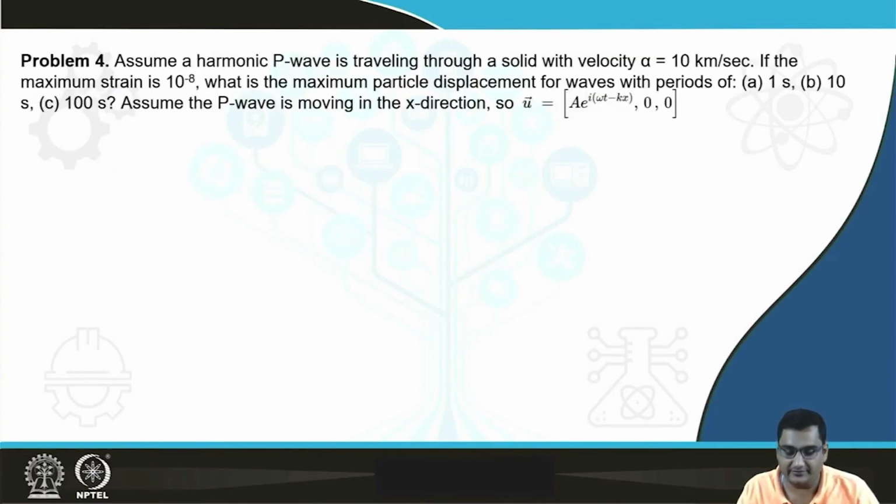Now let's solve the last question. Here in the last question it is said to assume a harmonic P wave is traveling through a solid with velocity alpha equal to 10 km per second. If the maximum strain is 10 to the power minus 8, what is the maximum particle displacement for waves with periods 1 second, 10 seconds and 100 seconds?